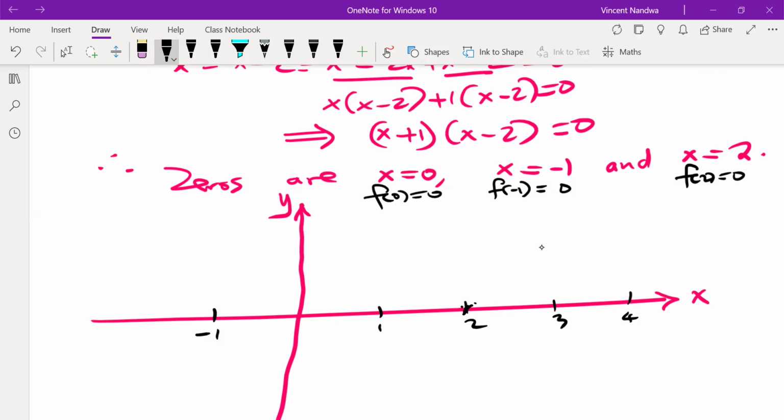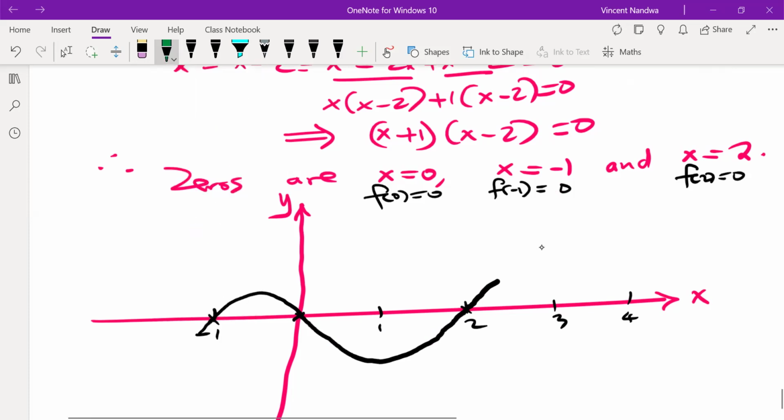So we have 0 here, 0 here, and 0 here. And this is the sketch of this graph.